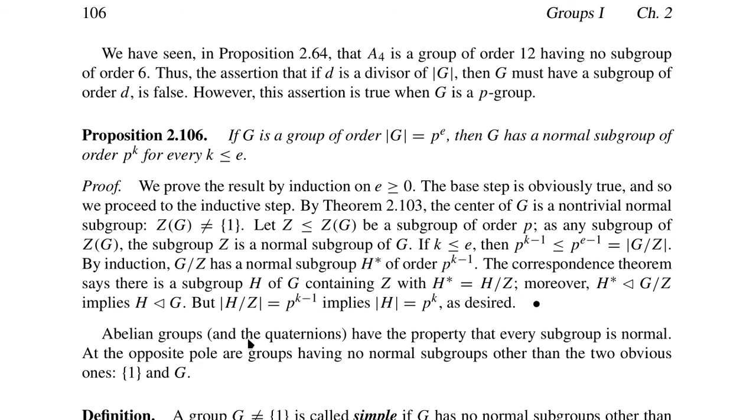And p to the e minus 1 is equal to the order of the quotient G mod Z. I'll have to think about that.